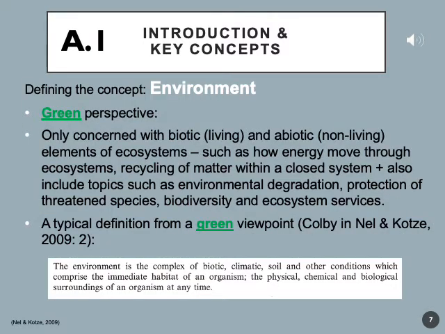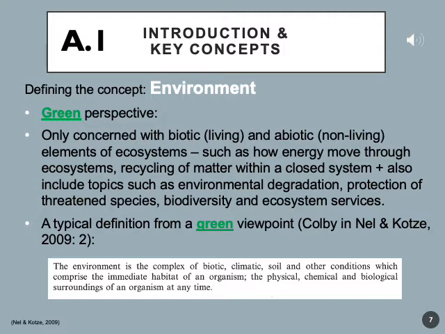So if we look closely at this green perspective, it only really focuses on the biotic (living) or abiotic (non-living) elements of the ecosystem, such as how energy moves through ecosystems, the recycling of matter within a closed system, and also topics such as environmental degradation, protection of threatened species, etc. But it is a bit devoid of the social context.